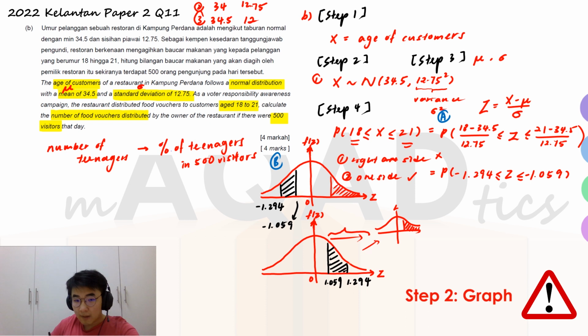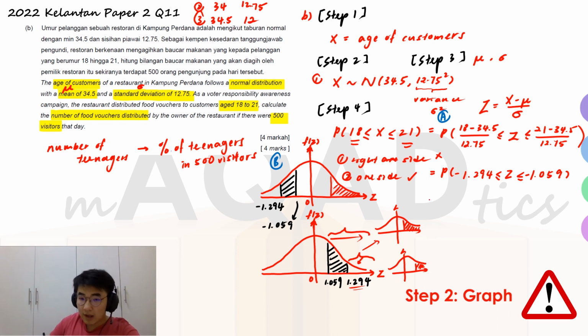And the second part, because we need to cancel off this white color part, the same way as well, I only consider the values which is more than 1.294, and to find the probability, let's say it's here, right? So to find our area here, I can minus off these two areas, right?